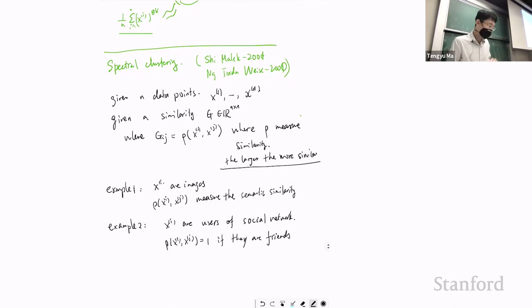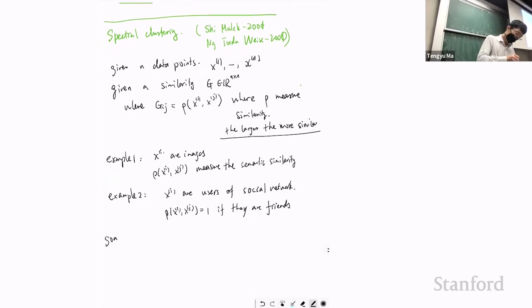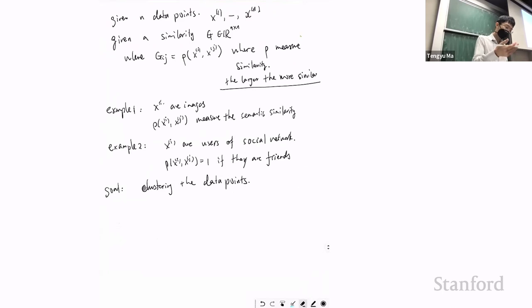So basically the goal is to do some kind of clustering, clustering the data points. In the social network example, maybe you have so many users, and there's some friendship relationship between them.